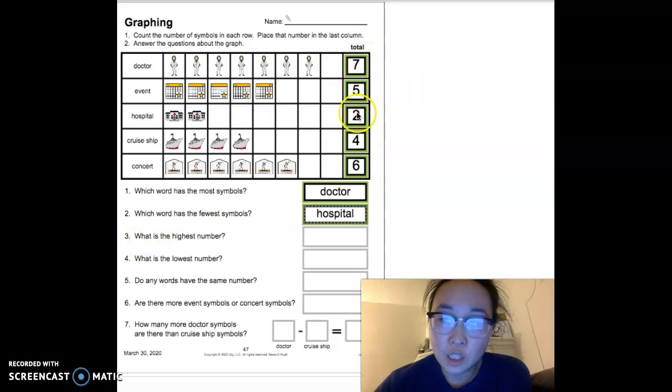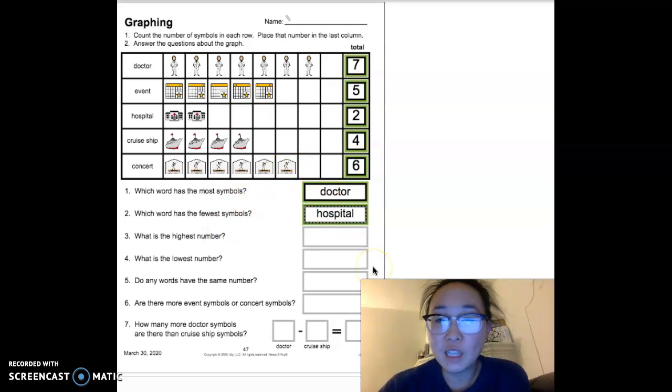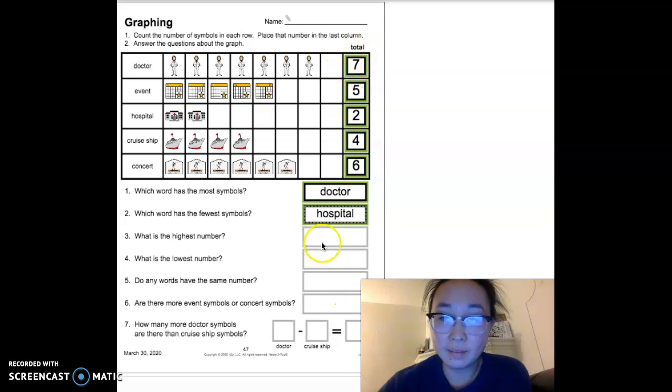Now we're going to be looking just at the numbers over here. It says, what is the highest number? Give you a moment to look at that before I tell you the answer. The highest number is 7. Doctor has the highest number of 7.